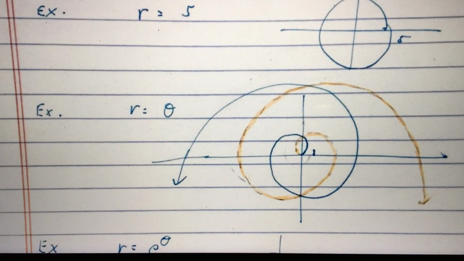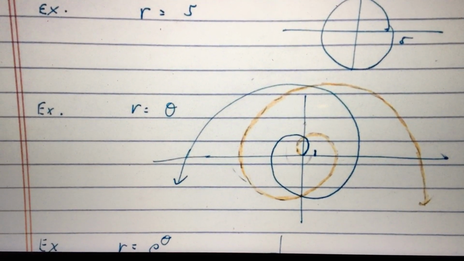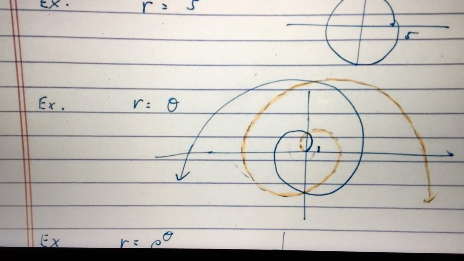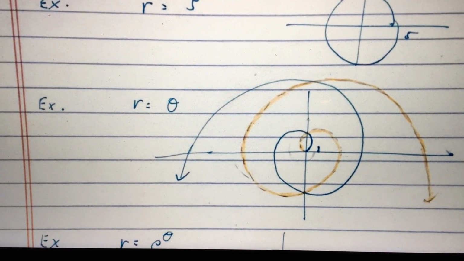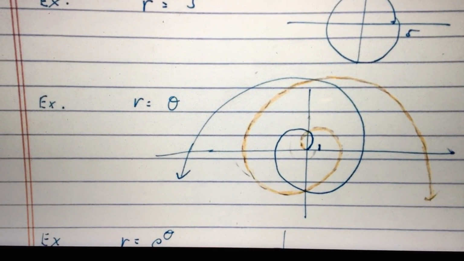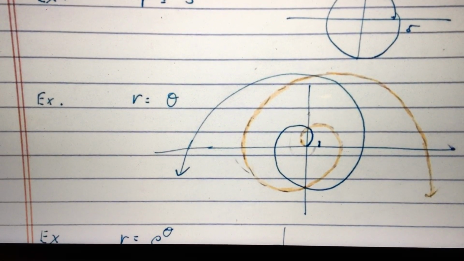If theta is equal to 0, then the radius is equal to 0, so you get a dot right in the middle. Then as theta goes up to pi over 2, or 90 degrees, so does the radius. The radius has to climb right up to pi over 2. And then when theta gets to pi, or 180 degrees, the radius has to be equal to pi.